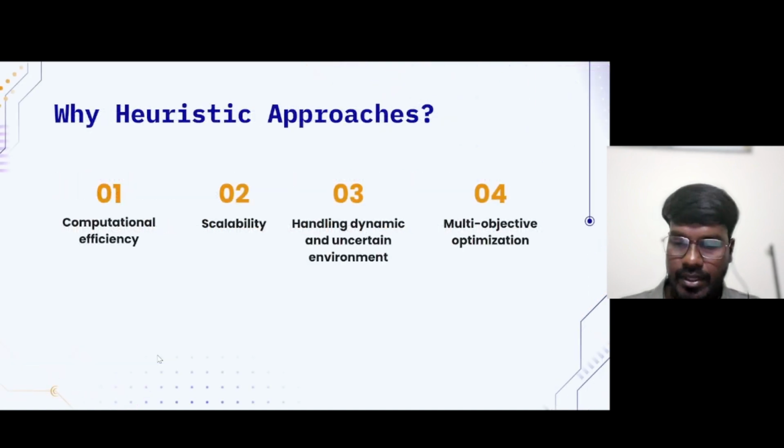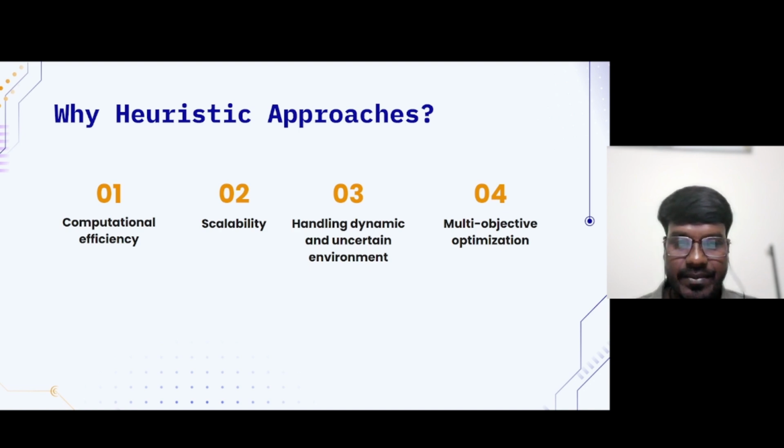Now, let's talk about why heuristic over classical through these points. Our first point is computational efficiency. Classical approaches search a large portion of the search space, leading to high computational cost, whereas a heuristic approach guides the search more intelligently, reducing unnecessary computations and speeding up the convergence.